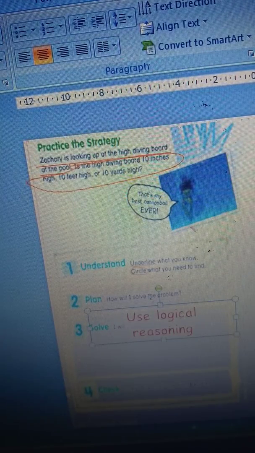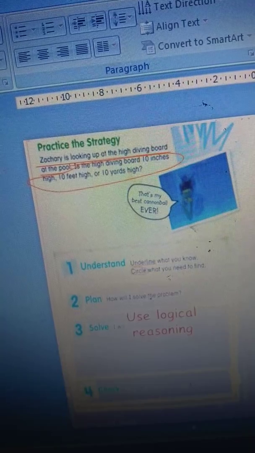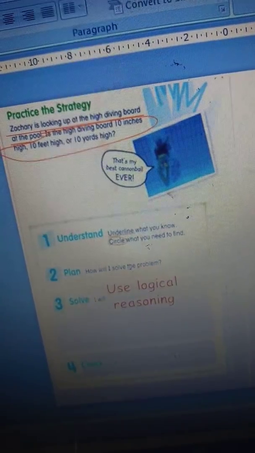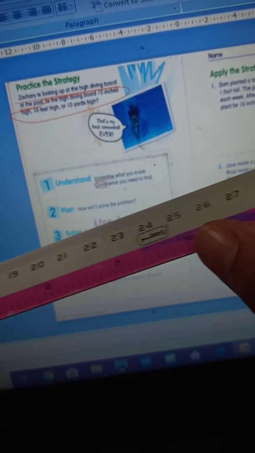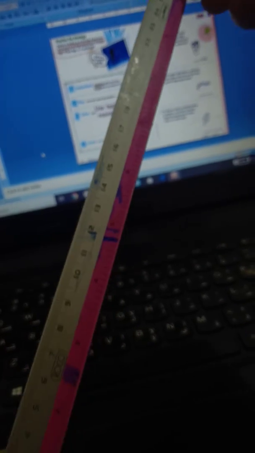Now, what will we do next? We will take the 10 inches. The 10 inches, you know your ruler? The 10 inches is only until here. Can you see it clearly? From here to there.